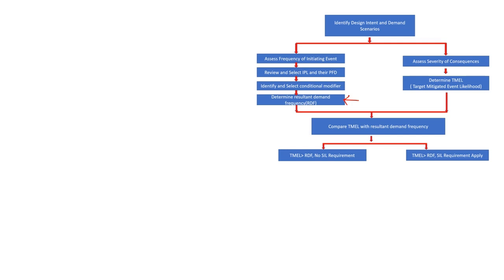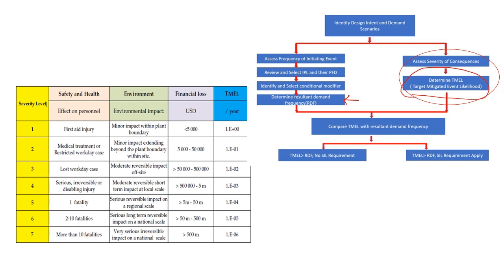Now we need to assess the severity of the consequence and determine the target mitigated event likelihood. So this portion now we need to do, and for this, what normally organizations have is a risk matrix. They have a risk matrix depending on the type of the risk, right? The risk matrix can be categorized into 3 or more components also. A standard thing is to categorize it at least in 3 portions: one is health, another is environment, another is financial loss.